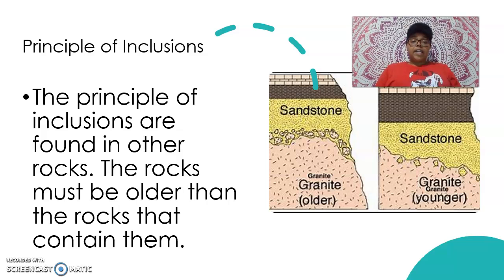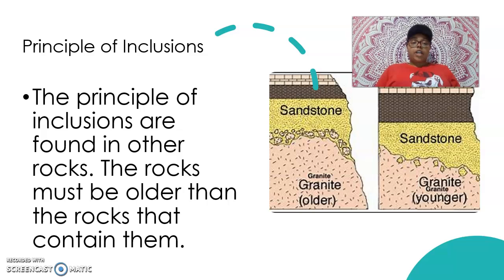The principle of inclusions. The principle of inclusions is about rocks that are found in other rocks. Sorry, mistake, my bad. The rocks must be older than the rocks that they are contained in. As you see, we have gravel and sandstone in the first image. As you see, gravel is older than sandstone.